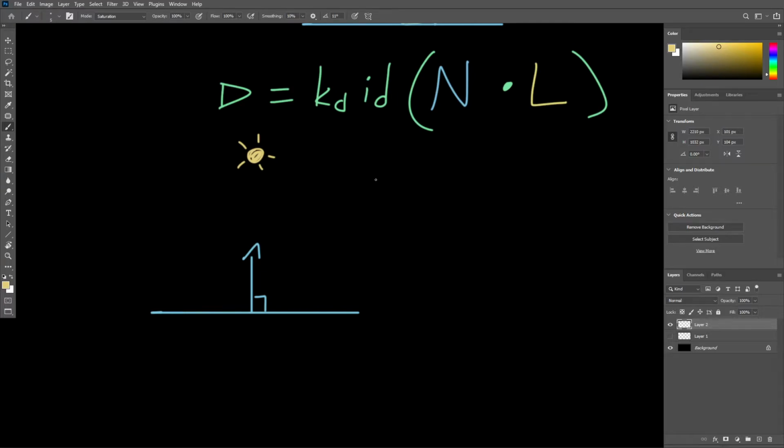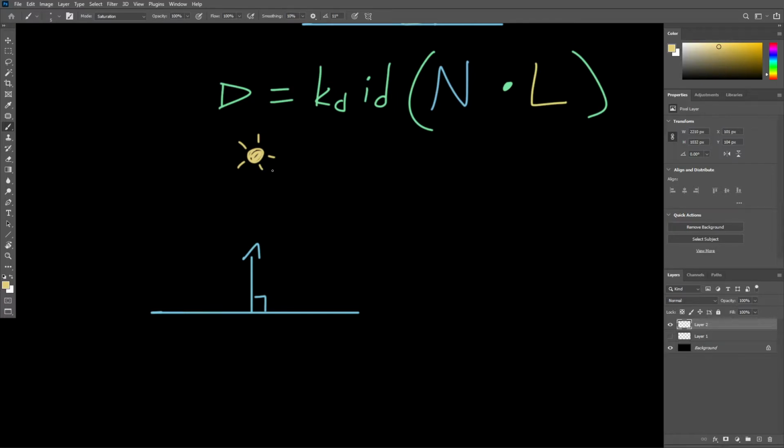Well, it's kind of like having the sun directly overhead at noon during the day, right? In this scenario, the surface is going to be as bright as it gets. It is going to be as directly illuminated as possible with the light source positioned directly overhead.